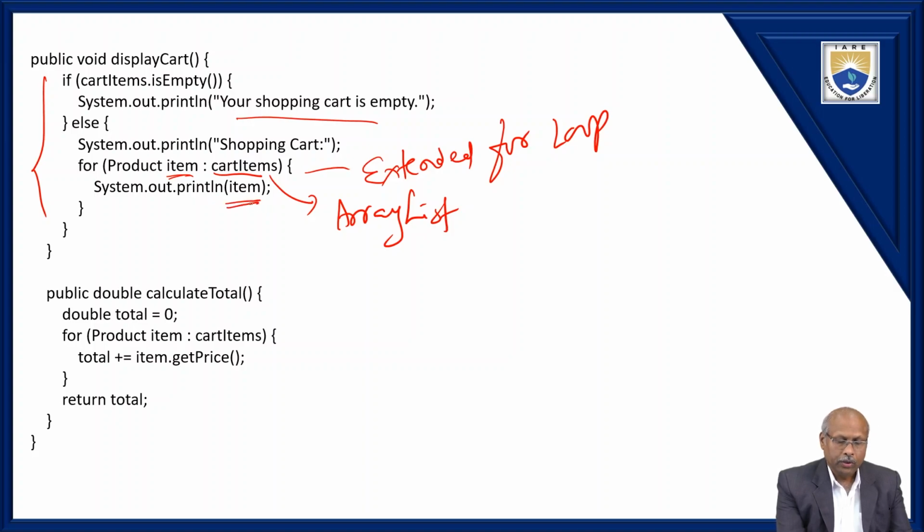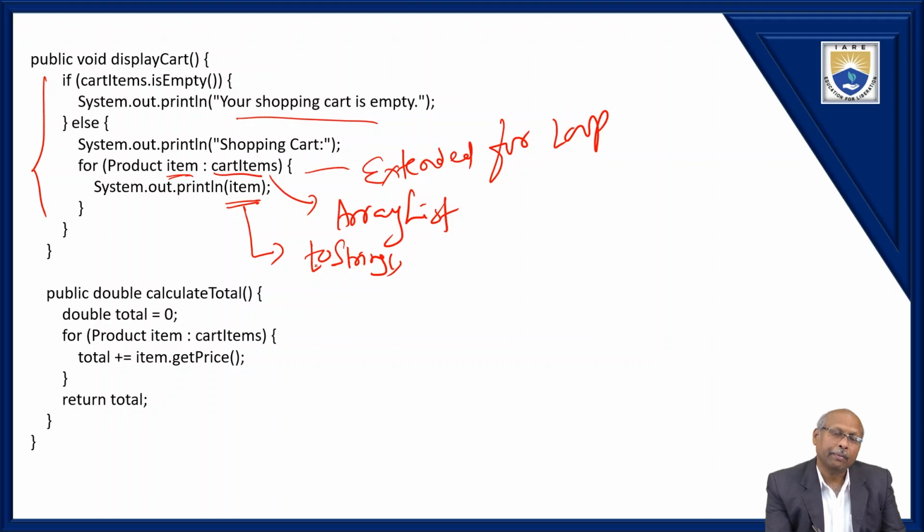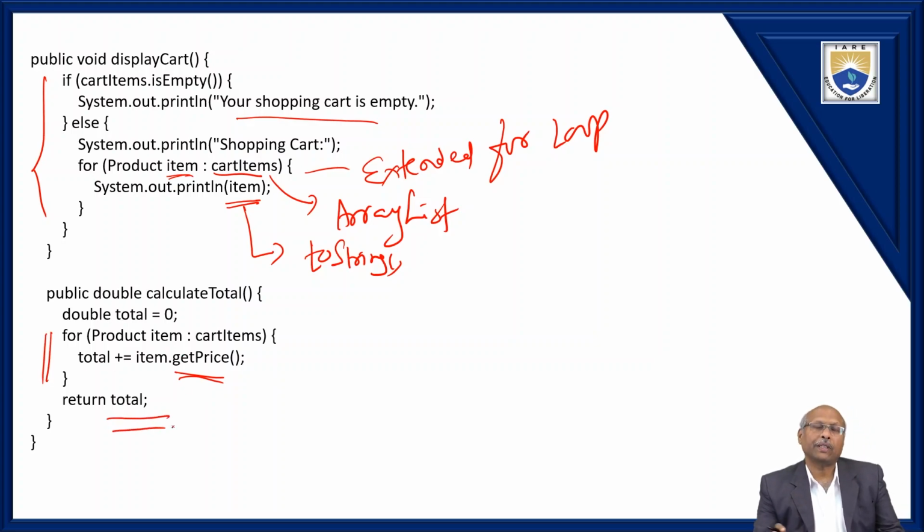So print the item. When you call the item, immediately it will call the toString method. This toString method will give you the item name as well as price. Then calculate the total bill. So already you know the price. The price you can get through getPrice. So this loop repeats for all. So these are the various methods available in my shopping cart.